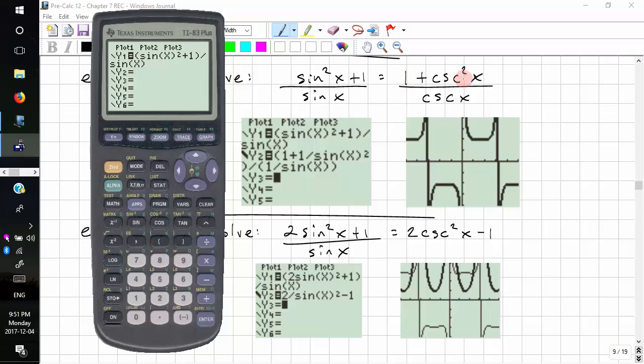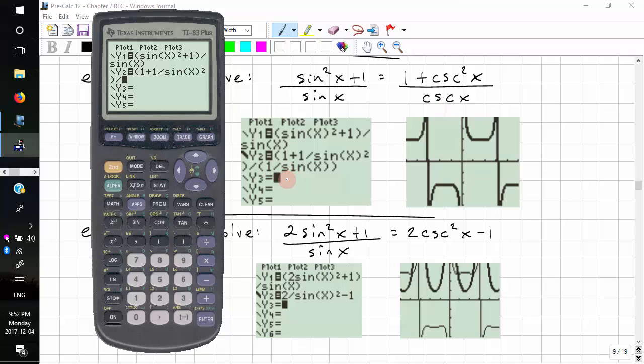Again, more than one term, we need brackets. 1 plus. Cosecant is 1 over sine. 1 divided by sine x squared. We have 1, 2 left brackets. We need 1, 2 right brackets. And we're dividing by cosecant.